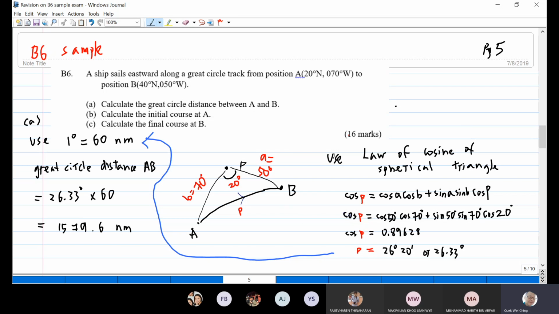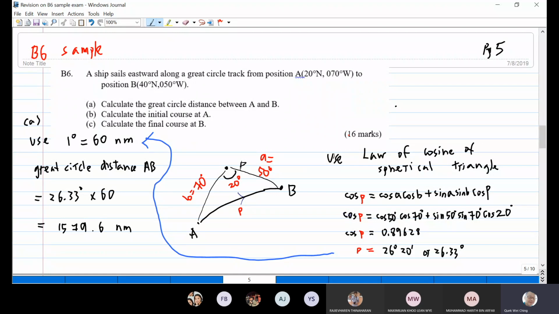Okay, how to find nautical miles? 1 degree is 60 nautical miles conversion. So this one to memorize. 1 degree is 60 nautical miles. So the distance is now times 60. Okay, 26.23 times 60.